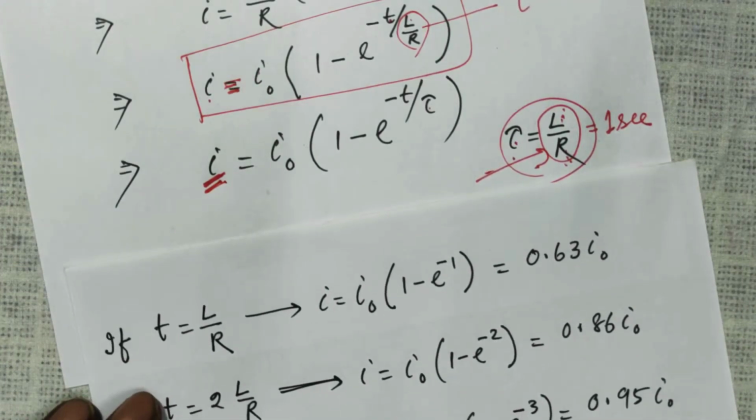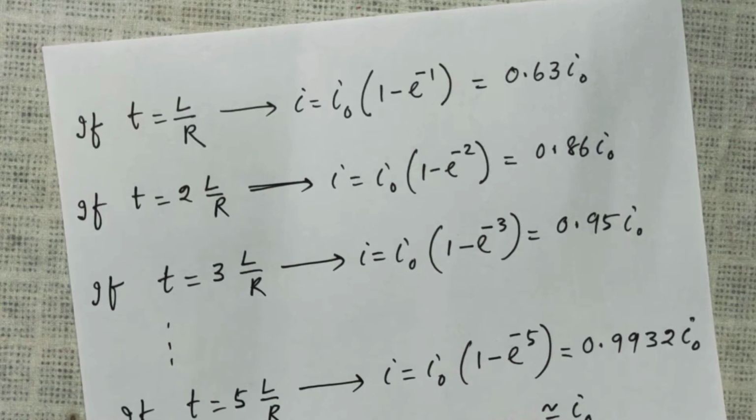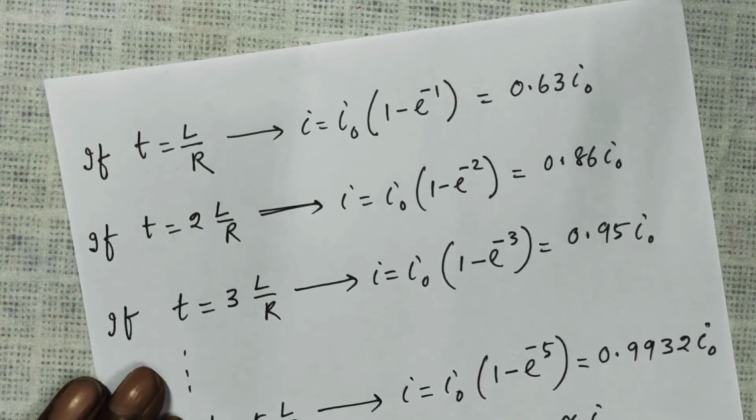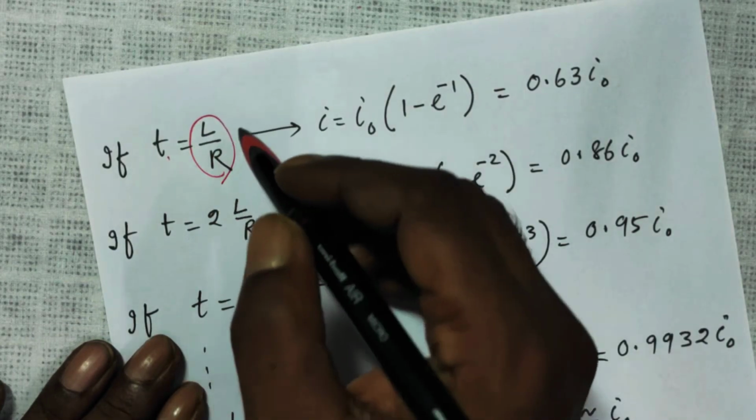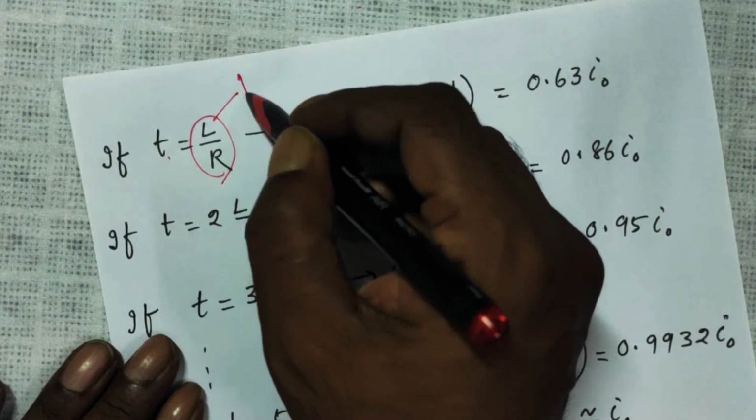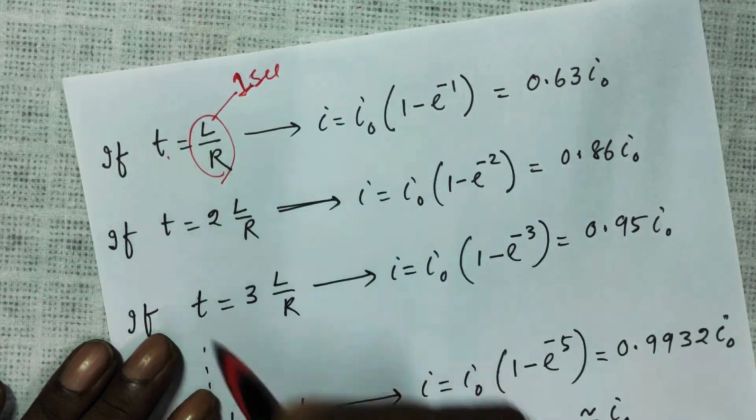So we know tau is equal to L by R. The dimension of tau is in seconds. If you allow the circuit to function for t is equal to L by R seconds, let L by R is equal to 1 second, suppose.